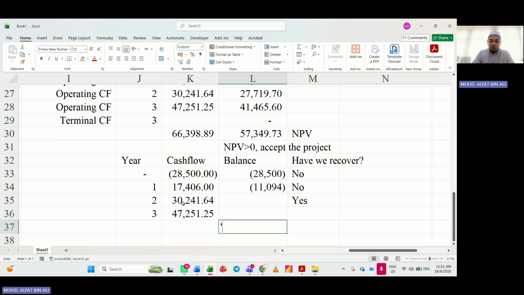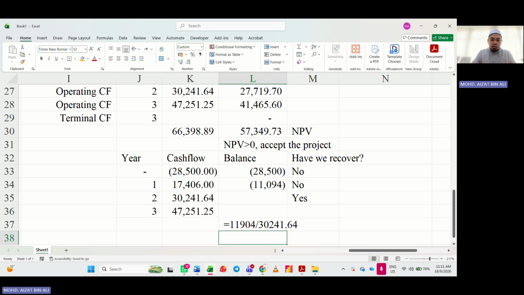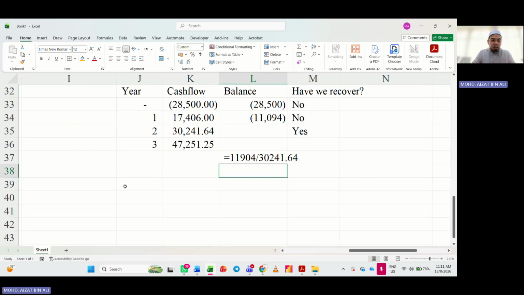We take this amount, 11,094, the amount that we need to recover, and divide by 30,241.64. The logic is that if you draw a timeline, over the years you earn this much, but you want to know when exactly you hit this amount. So this is the formula.